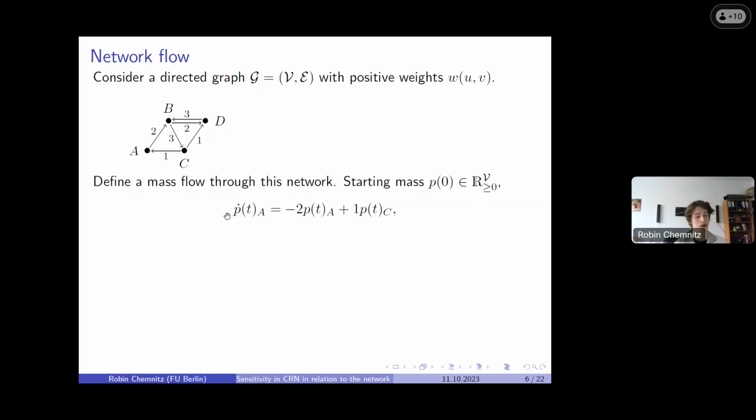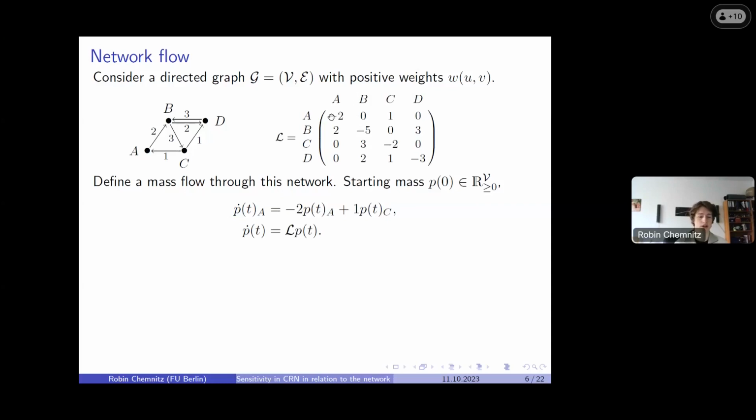And here I wrote down an example. In the node A, the derivative would be: we have an outflow from the node A with rate 2, and we have an inflow from C with rate 1. And this we can define for every node. This will be a linear system, and it is defined by the so-called Laplacian.